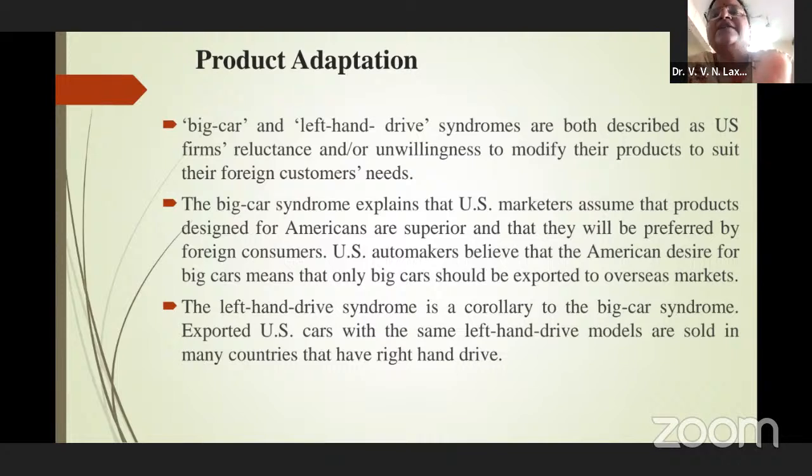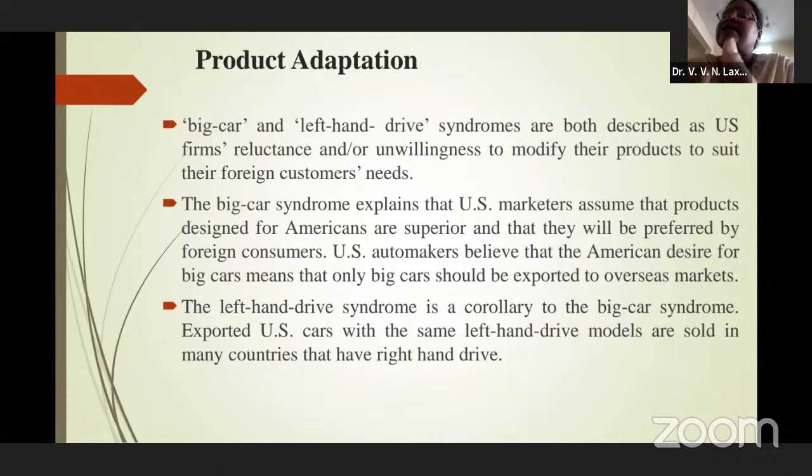And the left hand drive syndrome means, I think you all know, in US, the steering is on the left hand side, while in India and many Asian countries, the steering is on the right hand side in any of the automobiles. That is, the way we drive is different. Not identifying these differences, at one point of time, US marketers were selling the same left hand driven cars.